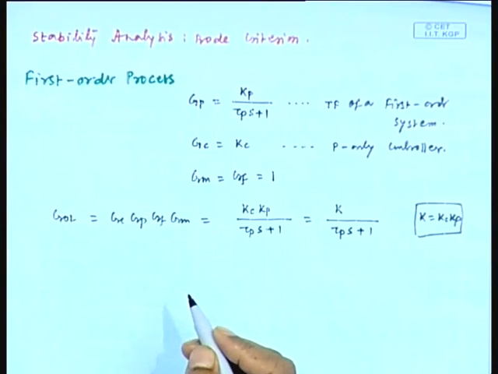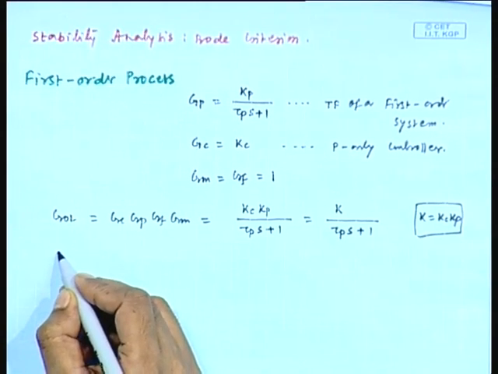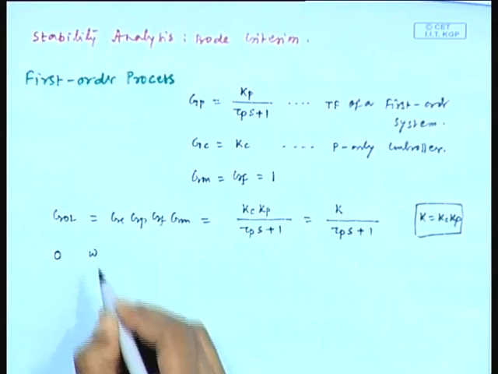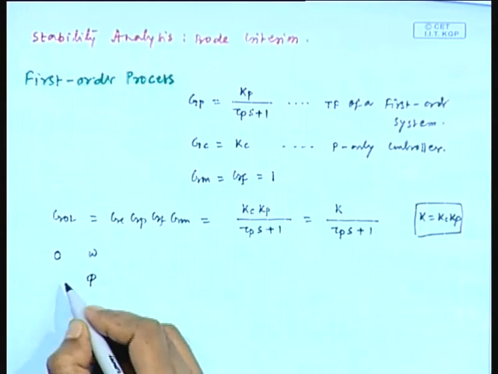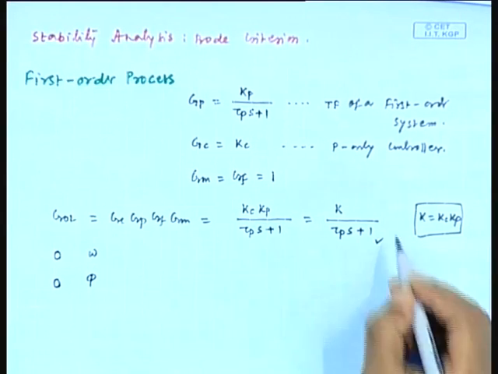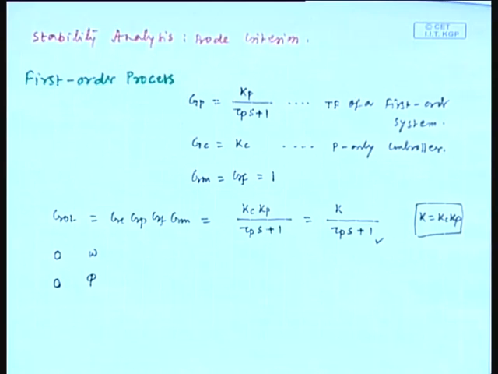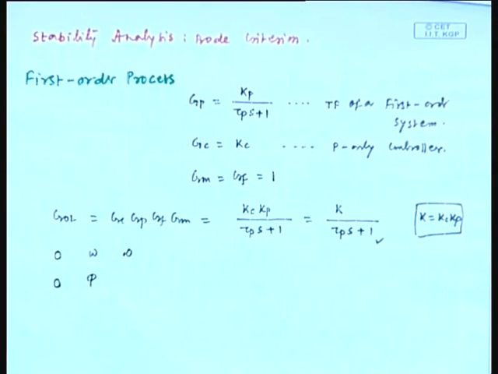Now, what about the phi? If we consider omega equal to 0, how much will be phi? Phi will be 0. This is the transfer function of a first order system. When omega is infinity, how much is phi?